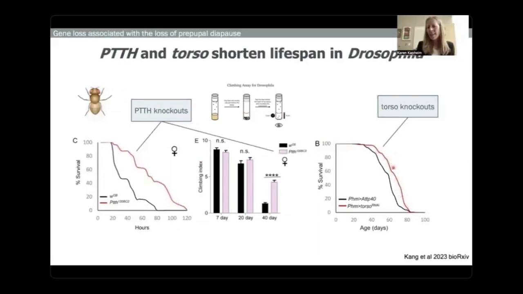And you can see in both cases, the flies that did not have PTTH or did not have torso lived significantly longer. They were also able to show that PTTH affects senescence rate in flies. So in the really old flies, the knockouts are able to climb up a vial in a shorter amount of time than the wild type.